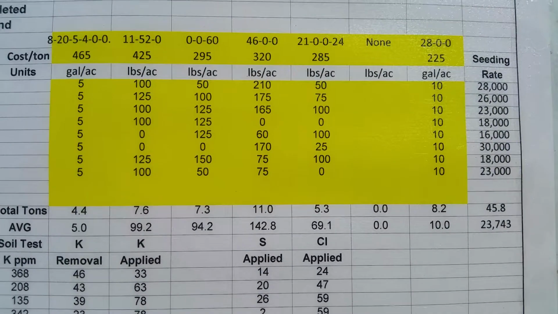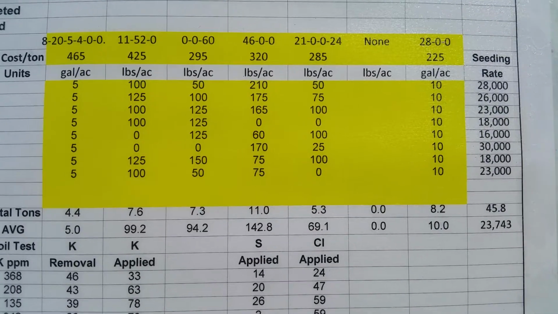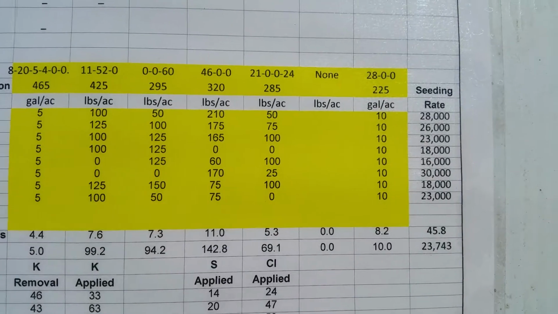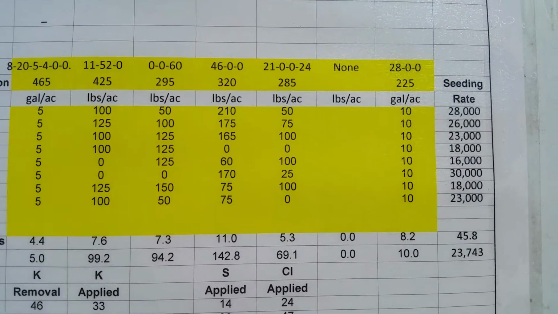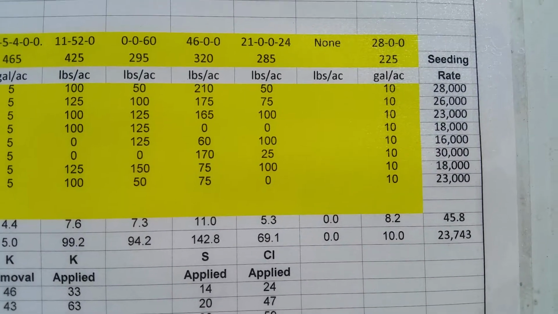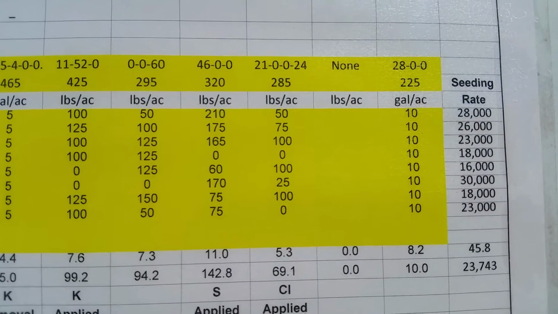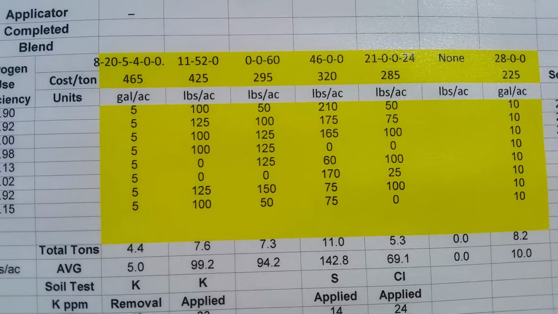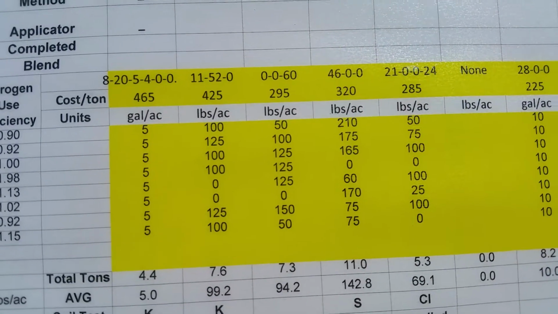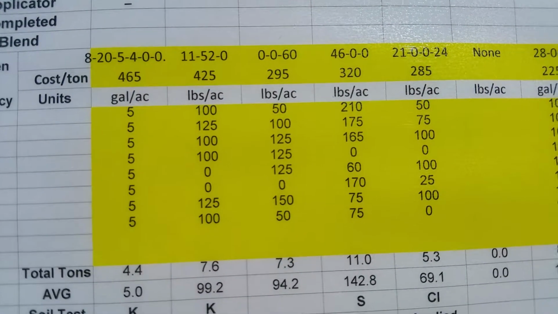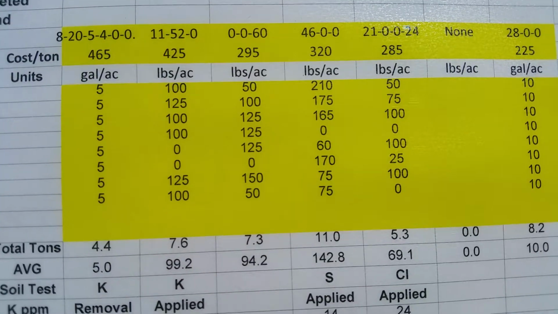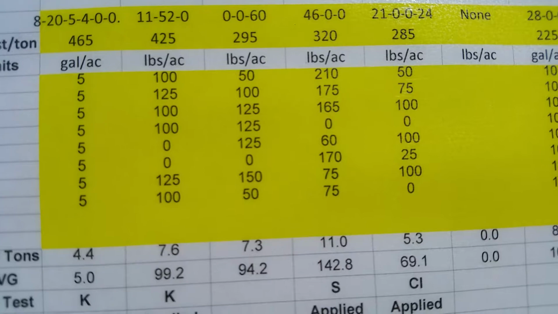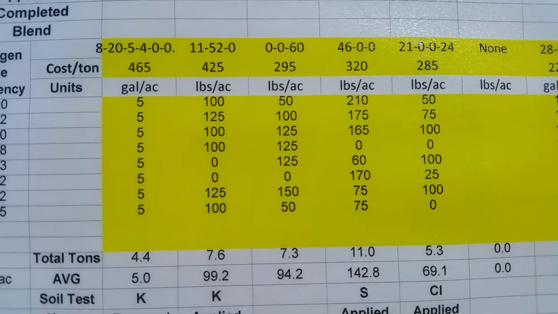46-0-0 and the AMS 21-0-0-24 were spring applied. You notice that we put AMS on that gravel and in that sand because of early sulfur deficiency potential in those two soils. And then let me go back to the potassium. We'd also put 125 pounds of 0-0-60 in that gravel and 150 in that sand because of potassium deficiency.